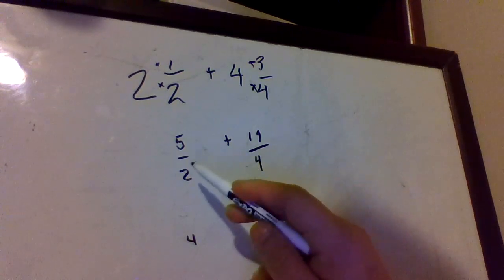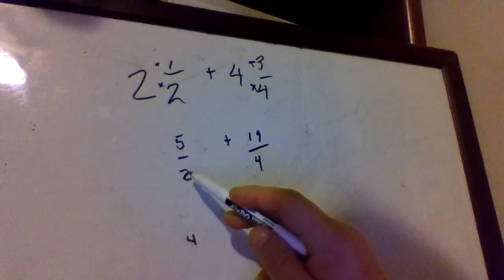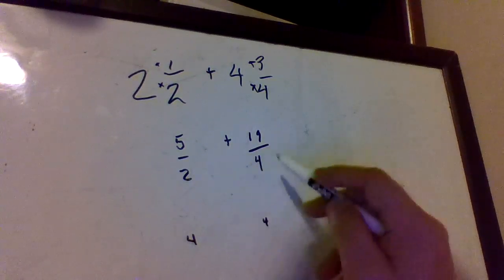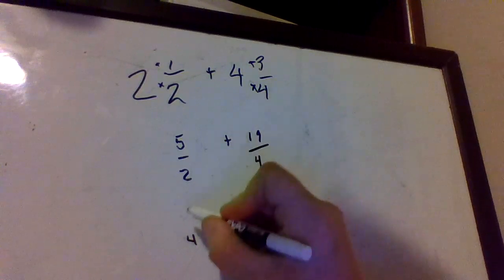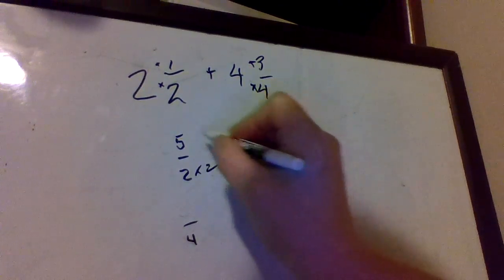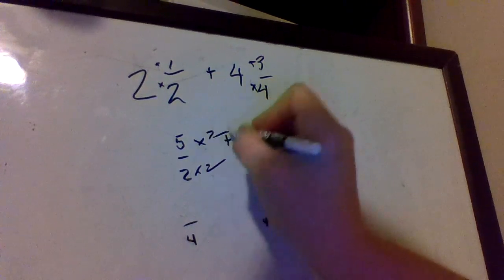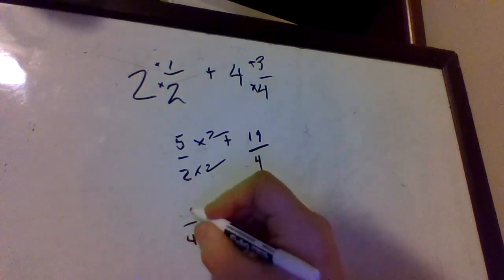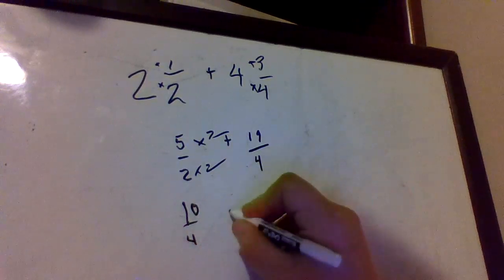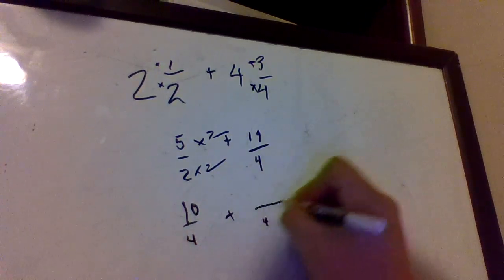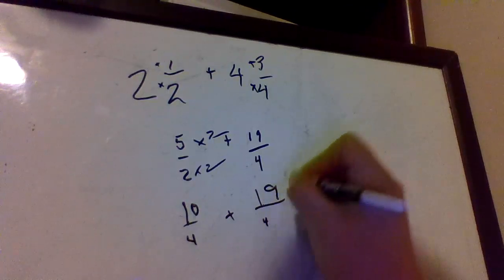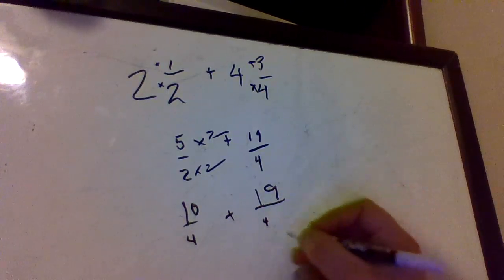So we do the smaller one. 2 times 1 is 2. 2 times 2 is 4. So we got 4 and 4. So if 2 times 2 is 4, 5 times 2 is what? 10. So 10 goes on top. Plus, we already have 4 on the bottom, so there's nothing we need to do. So we just keep the 19 on top.